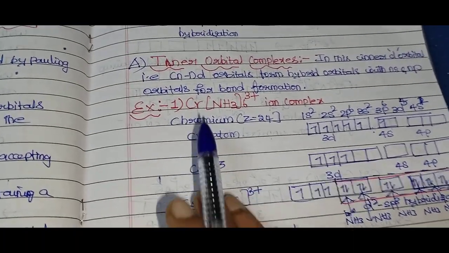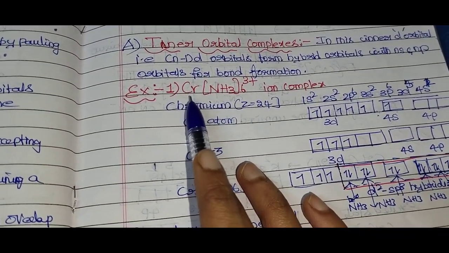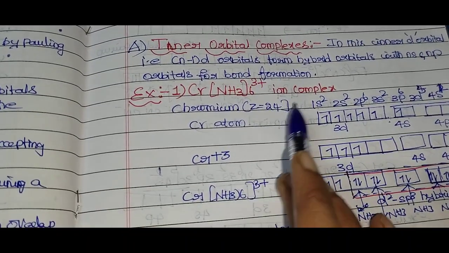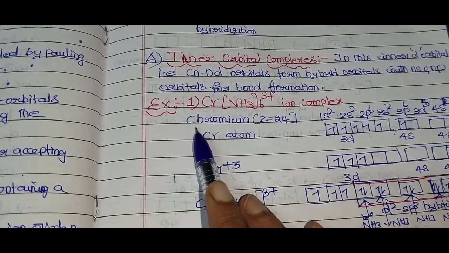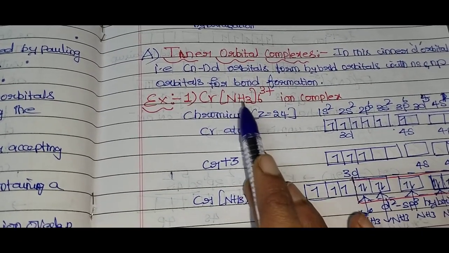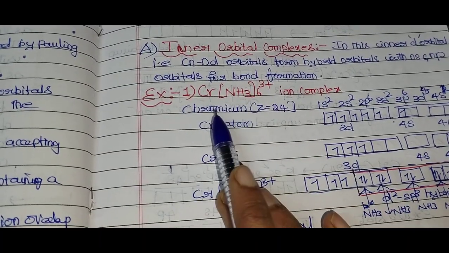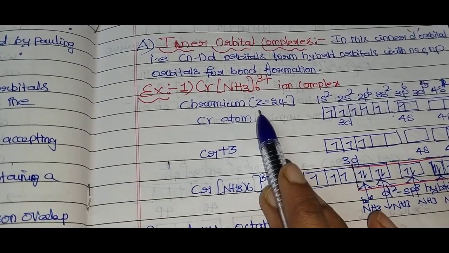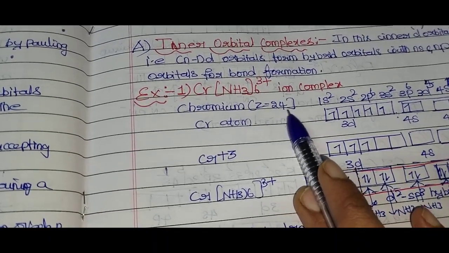First one is the chromium complex [Cr(NH3)6]3+. Cr is chromium, the metal ion, and six NH3 ligands are attached to it. The 3+ is the charge, the oxidation number. Chromium's atomic number Z is 24.